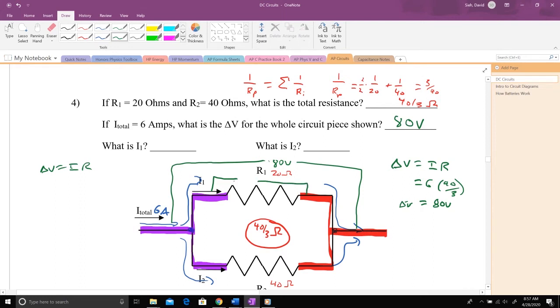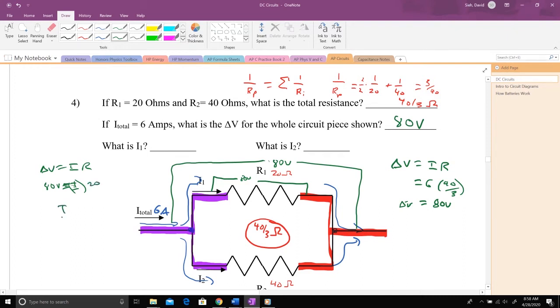The delta V there for just this branch, purple to red, is the same as any purple anywhere to any red. That's still just 80 volts. So I can use that delta V I just found using the resistance for the whole region to solve for currents in just this little branch. 80 volts equals the current through that branch times the resistance of just that branch, which is 20 ohms.